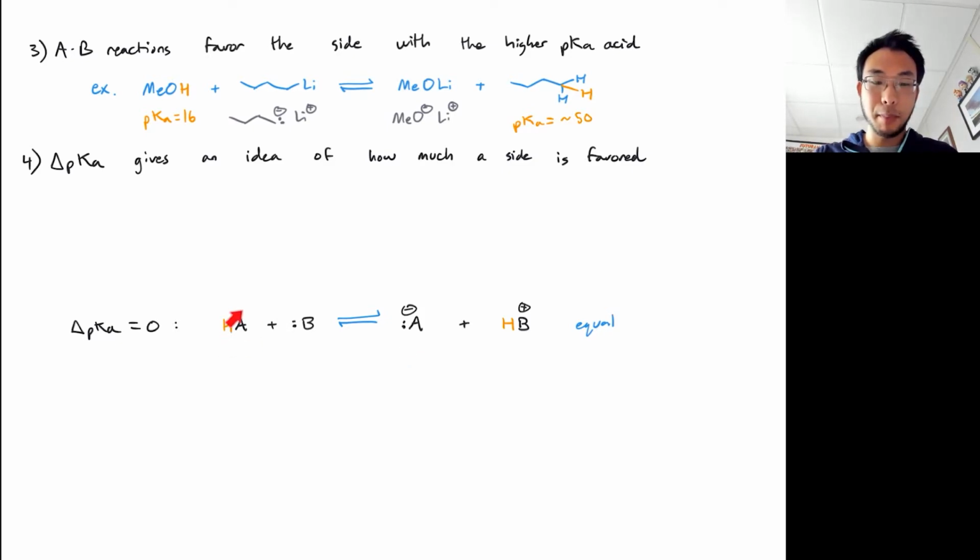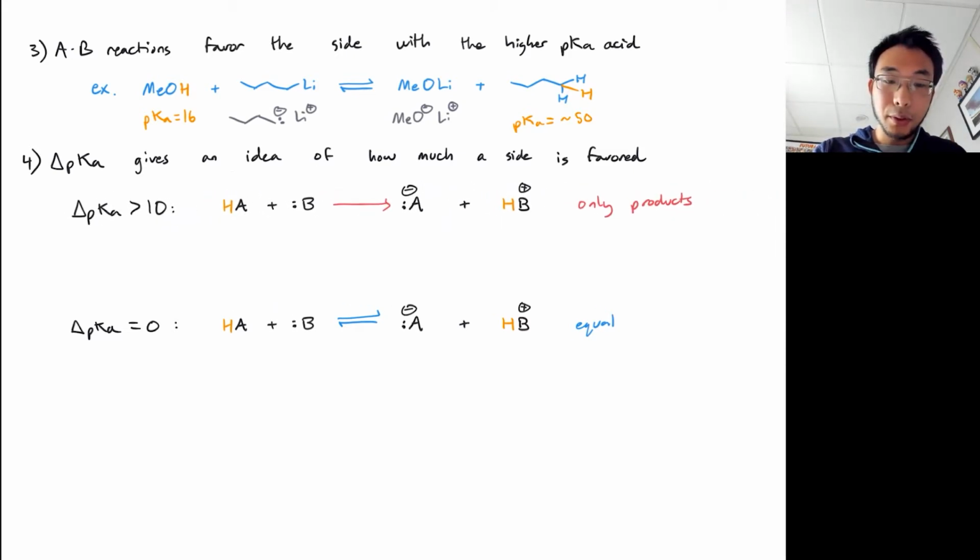We should expect equal amounts of HA and HB+ in our reaction mixture. A rule of thumb is if the pKa difference is greater than 10, so the product has a pKa at least 10 or more larger than the reactant acid, then we consider this reaction as essentially going in a single direction, all to products, and that in our reaction mixture we'll have only products.